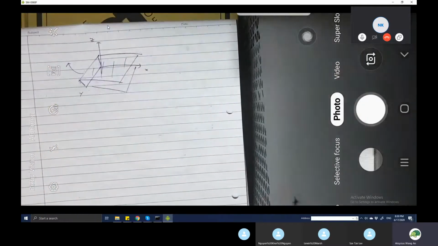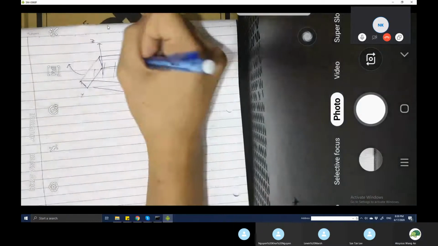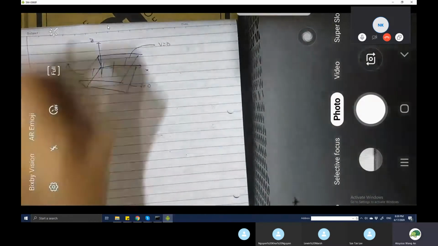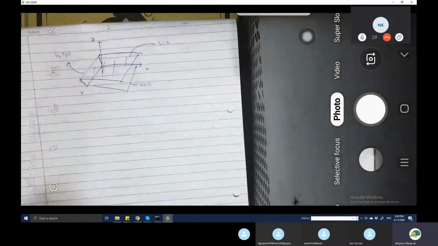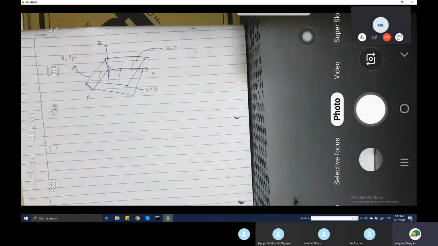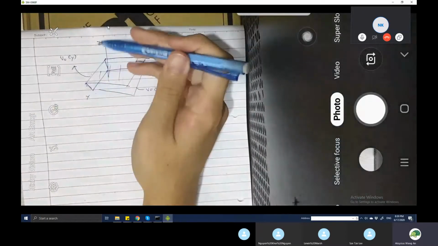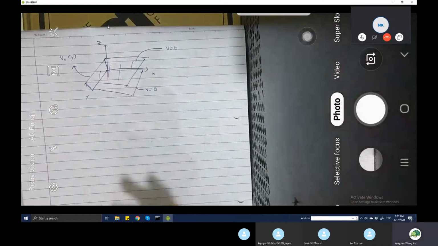There is a narrow band over here, and this narrow band has some potential V naught of y. And the question that we want to ask now is what is the potential inside this entire strip? And because of the symmetry of the argument, there is no partial v partial y term.